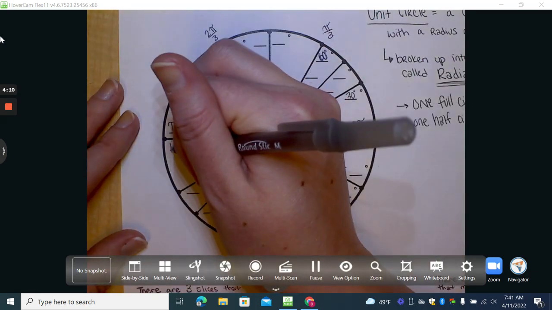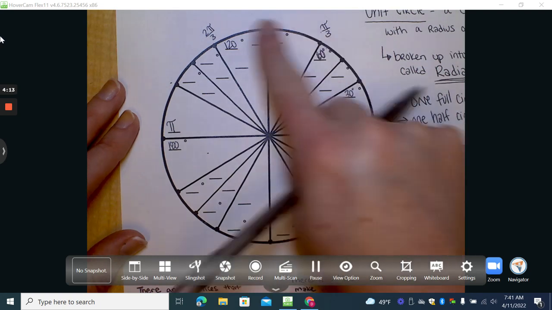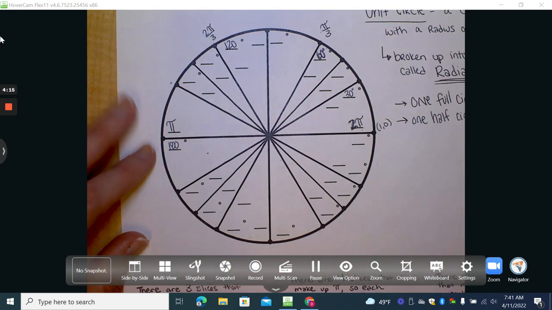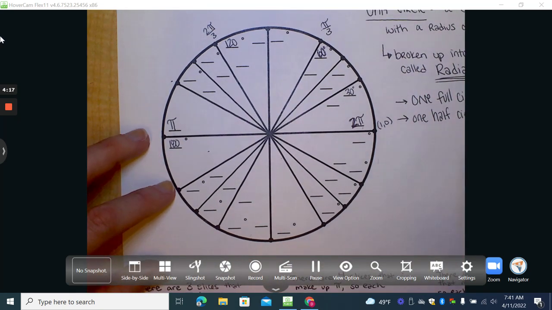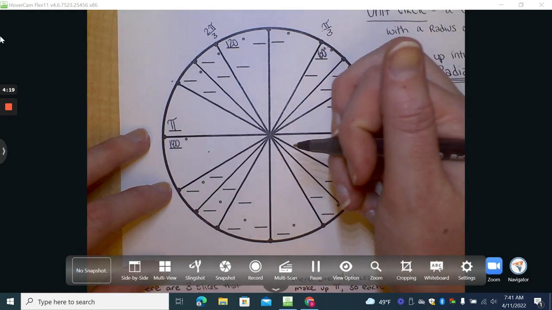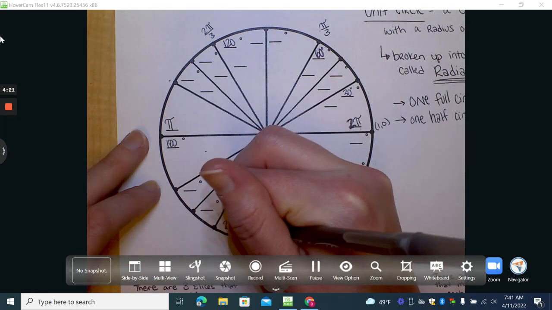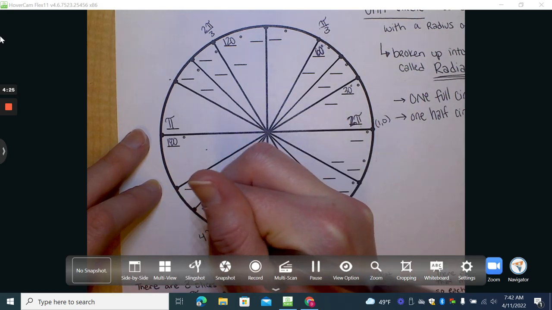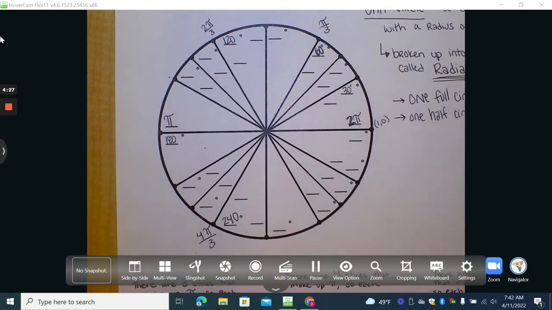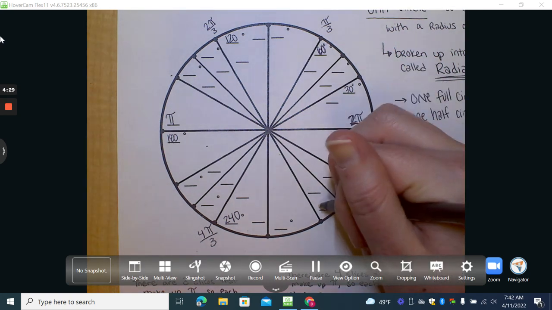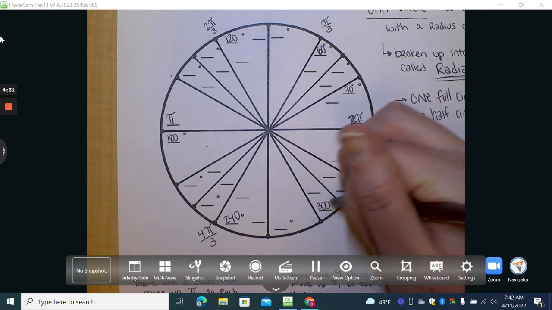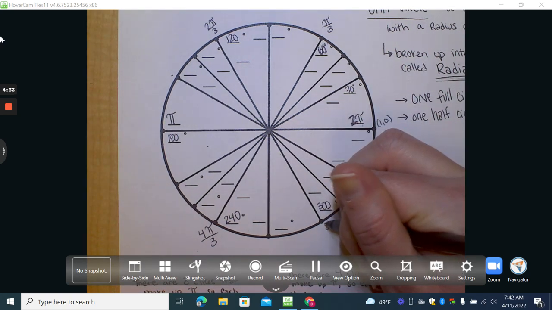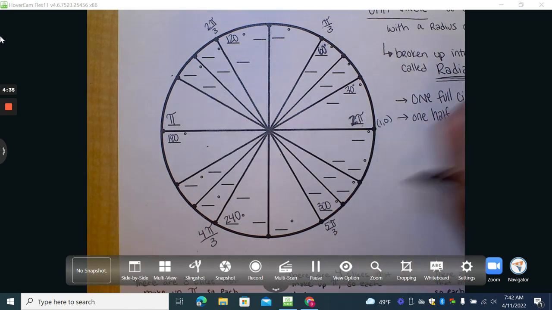Pi is over here at 180 degrees. That's what half a circle is. And if I were to keep going down to 240 degrees, I would land down here. And this would be my 4/3 pi. And 300 degrees would be my 5/3 pi.